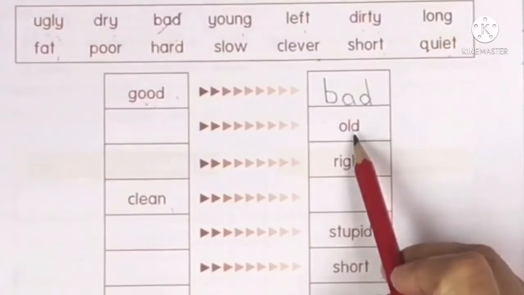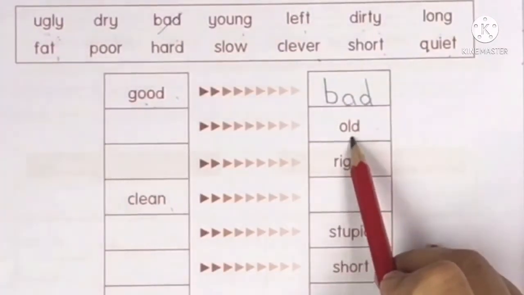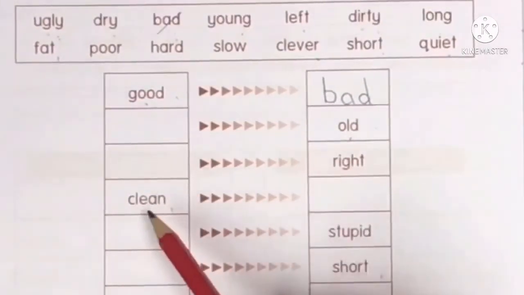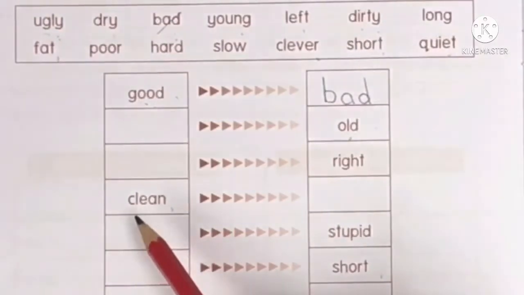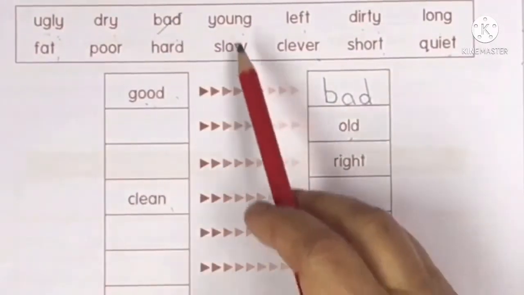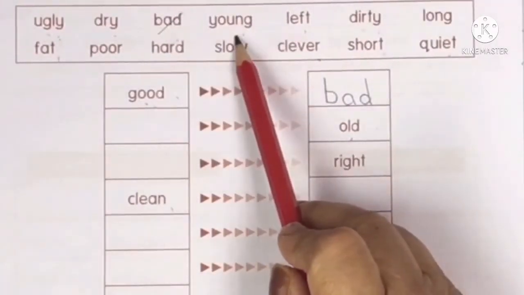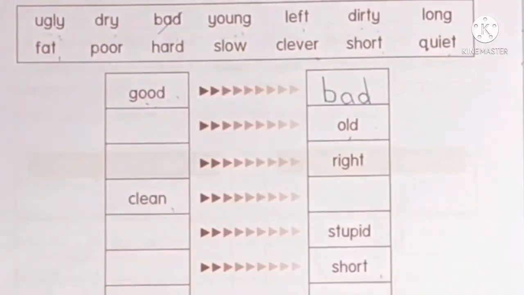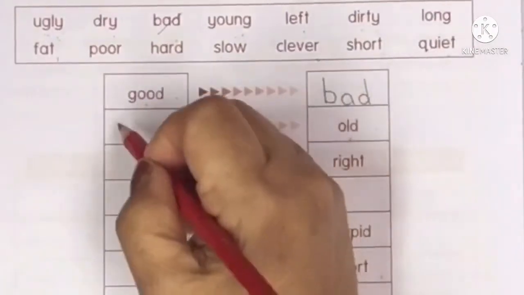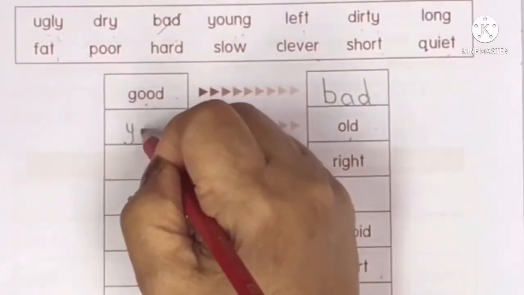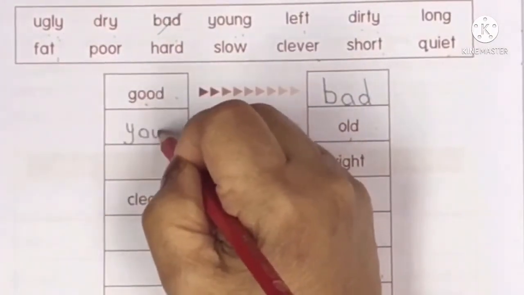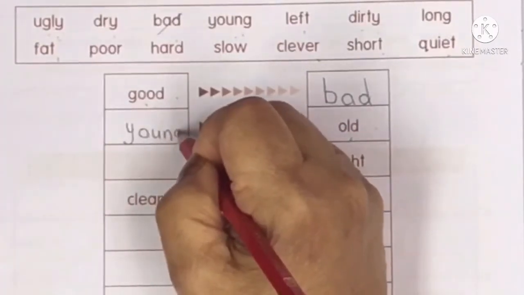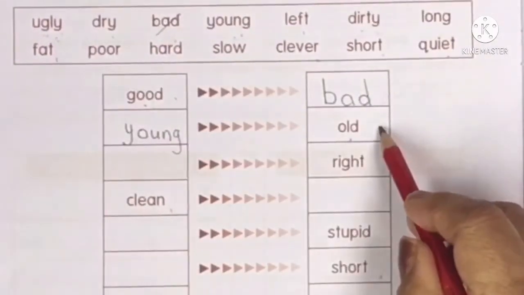Now the next one, old. What is the opposite of old? Is it young or is it ugly? Young. Like your father is young, your grandfather is old.